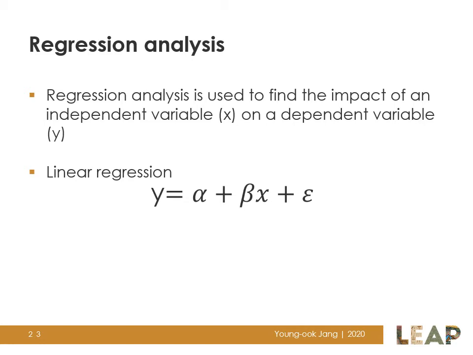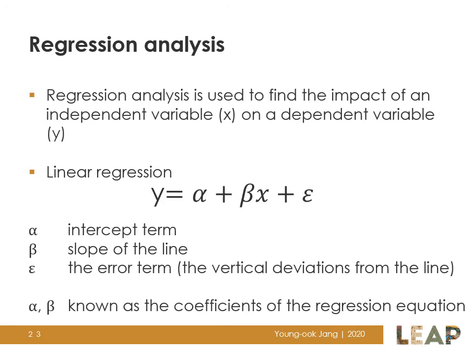So, the most basic regression analysis is the linear regression, single variate regression, and we use this equation of a line. Alpha is the intercept, and beta is the slope of the line, and epsilon here is the error term, the vertical deviation from the line.